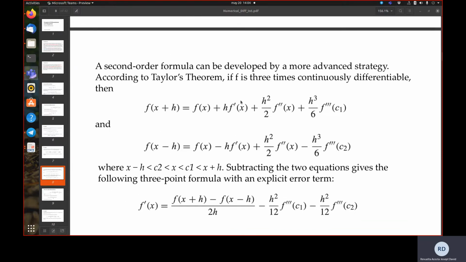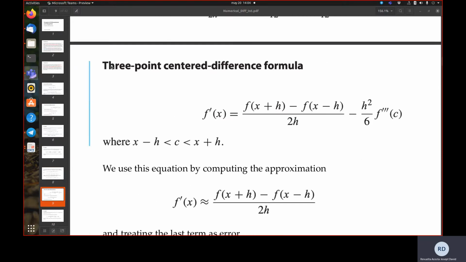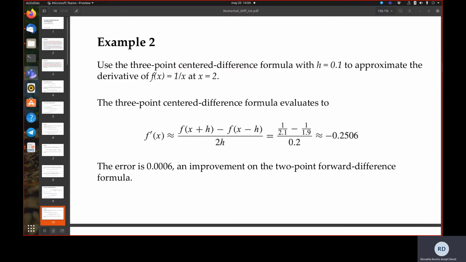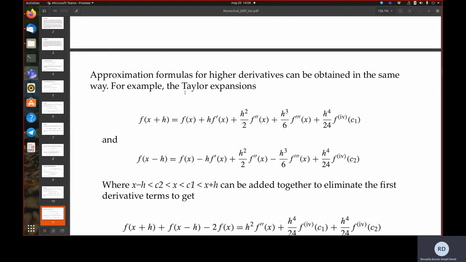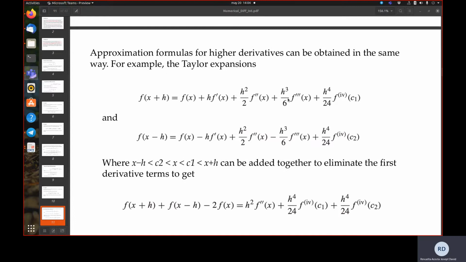We also defined the 3-point center difference formula, and this is the one. And we also did one example of this. In general, we established that we can develop higher derivatives using the same procedure that we followed to develop the first formulas, with the Taylor expansions.